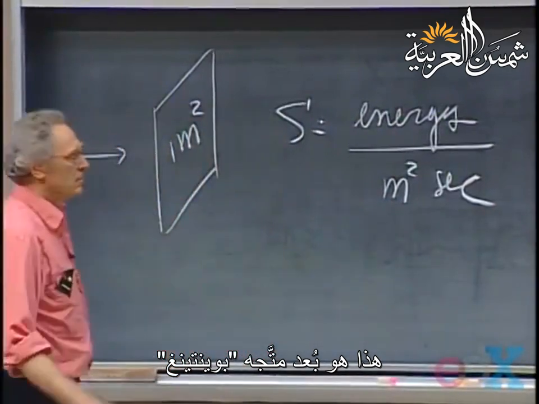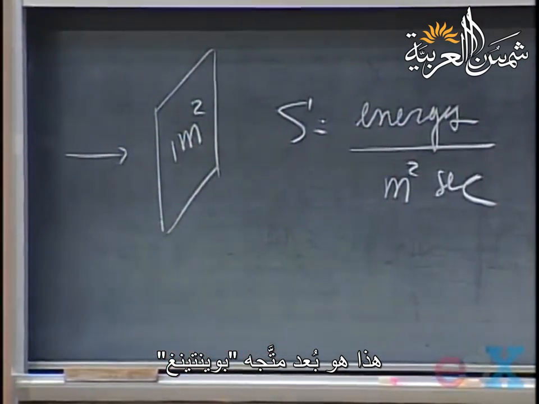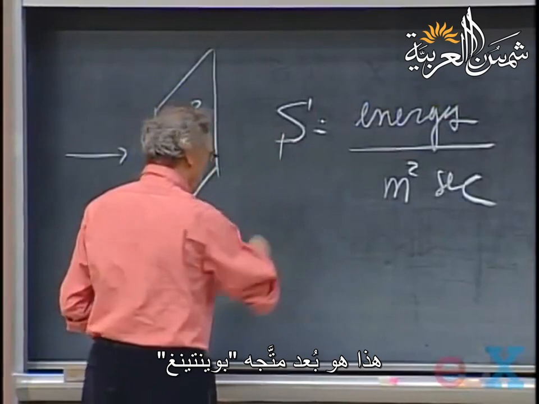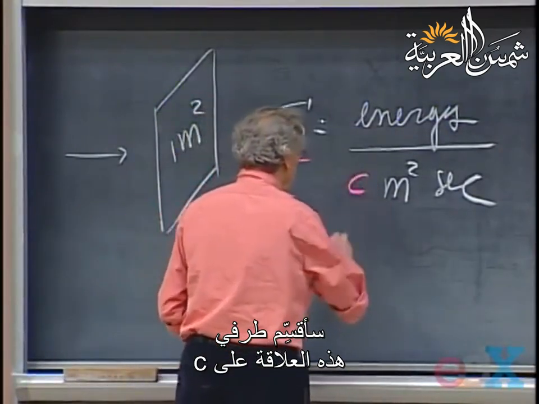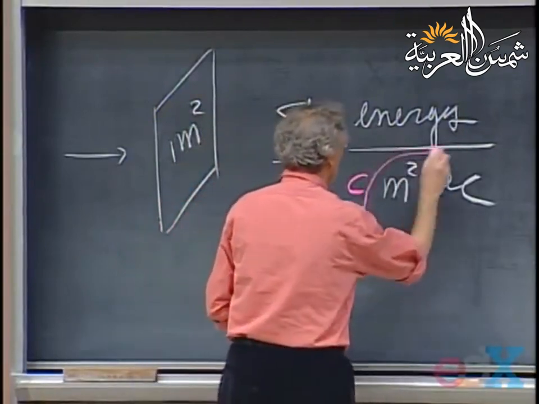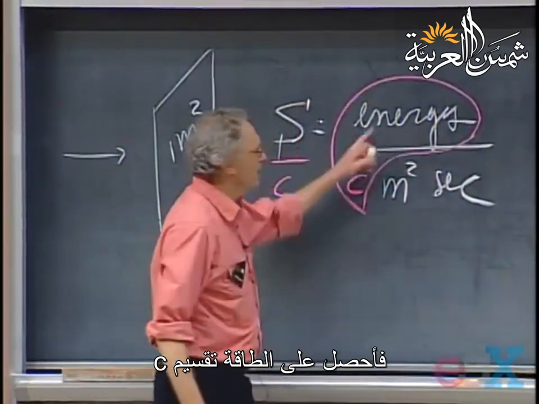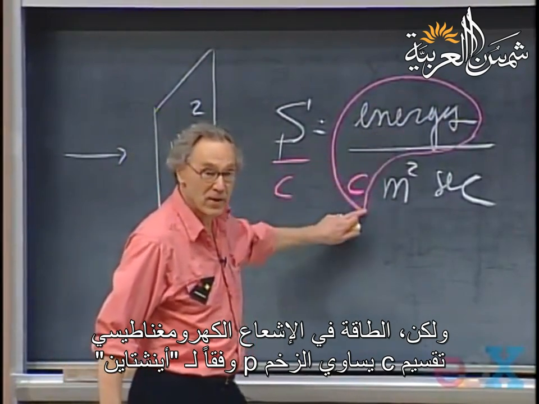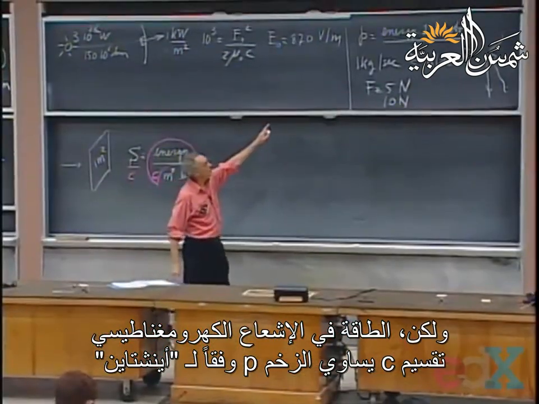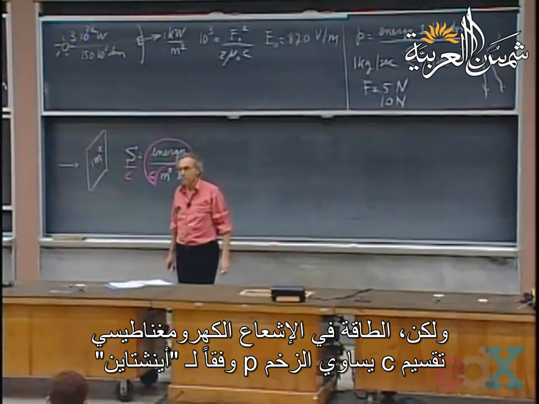Remember, that's the dimension of the Poynting vector. If I divide this by c, then look what I have here. I have energy divided by c. But the energy in electromagnetic radiation divided by c, according to Einstein, is momentum.